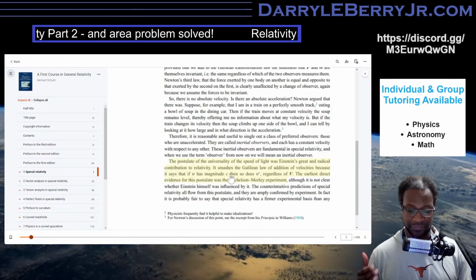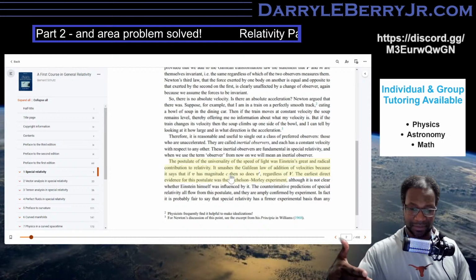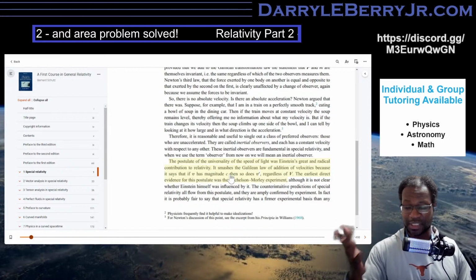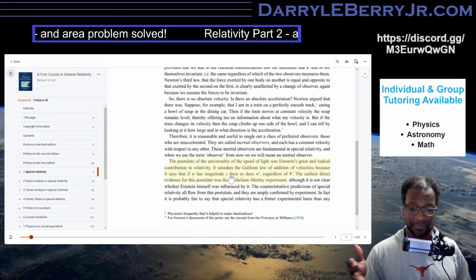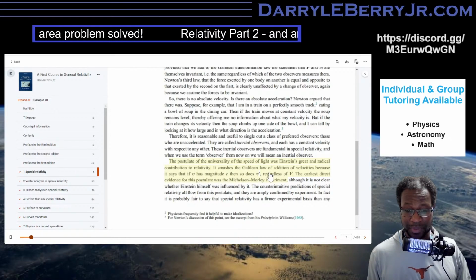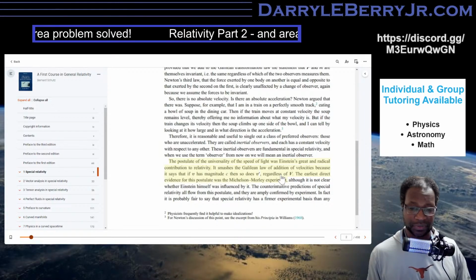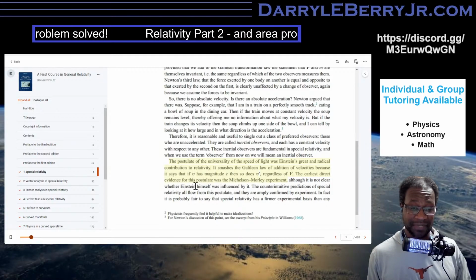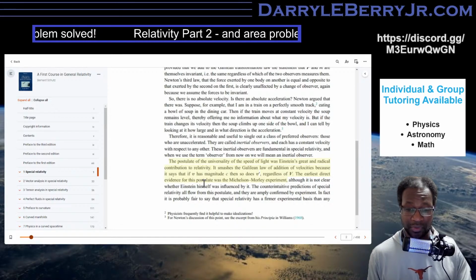So basically, if you're moving with the direction of light, then technically we should measure a slower speed of light. And if you're moving opposite the light, you should measure a faster speed, since those speeds combine, and you're calling that v prime, regardless of big V, which is the speed of light. The earliest direct evidence for this postulate was the Michelson-Morley experiment.